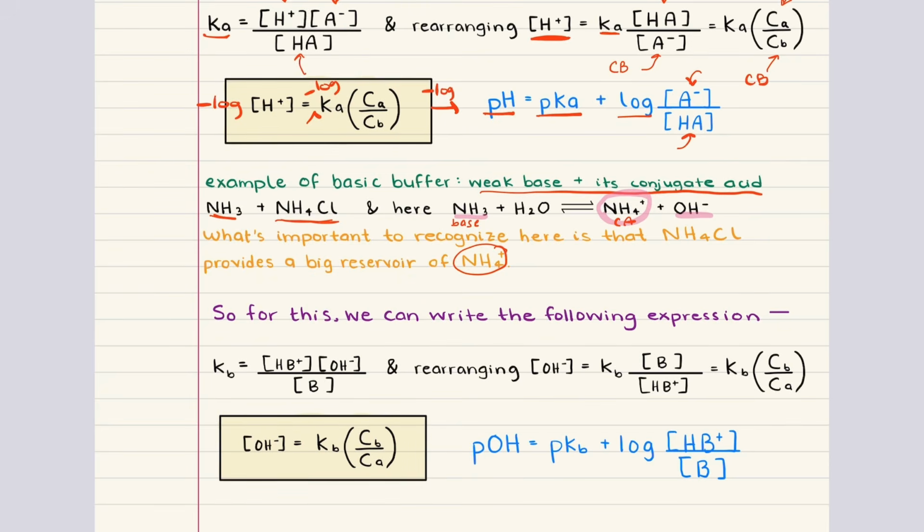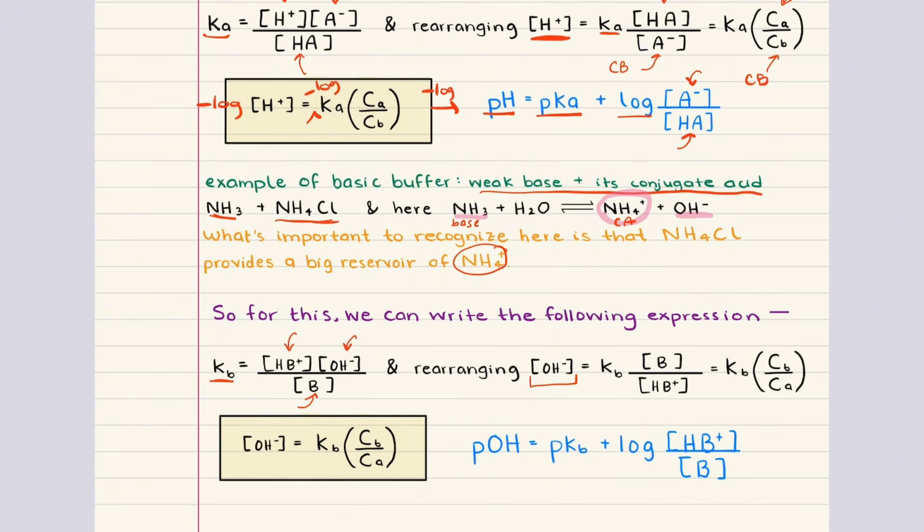Kb equals the concentration of hydroxide ions times the concentration of the conjugate acid divided by the concentration of the base. And rearranging this gives us an expression for hydroxide concentration in the buffer.